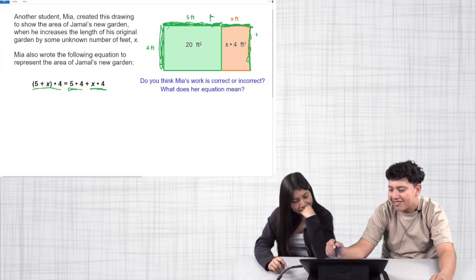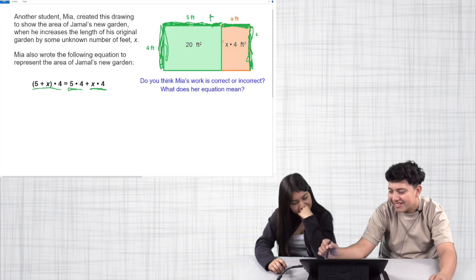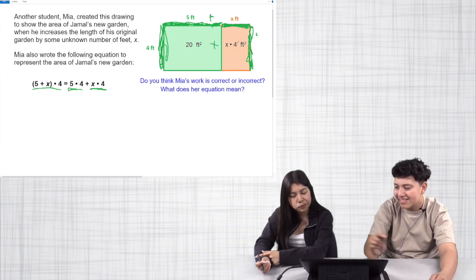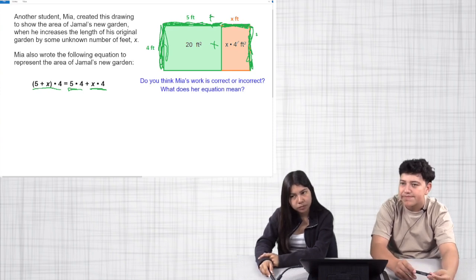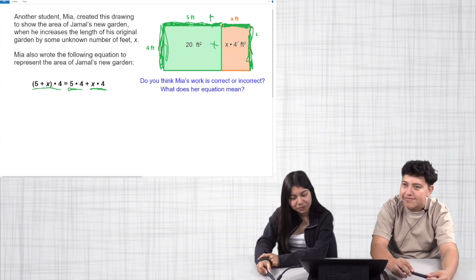This 5 times 4 plus this x times 4. So it's basically the area of the old garden and the area of the extended area. Emily, do you see it the same way? Mm-hmm. Even though you weren't quite sure, you said a really great statement about how it's two different ways to find the area of the new garden.